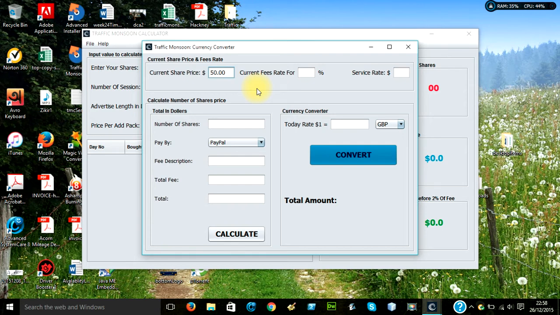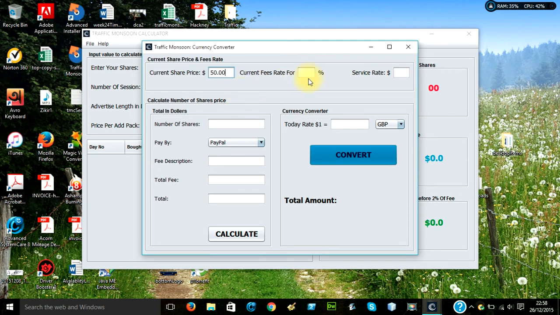in this screen you can see many fields, buttons, and everything. Here it says current share price, which means currently the ad pack is $50, and you can see current fees rate for PayPal, Solid Trust, or Payza, and service rate, which is blank now.